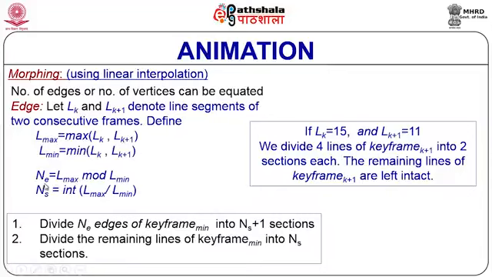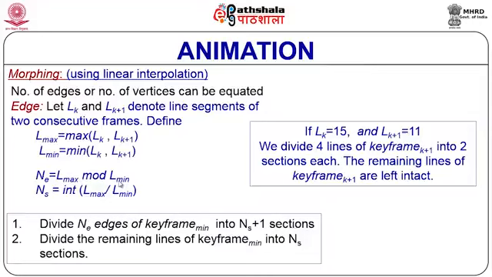So, let us define NE, the number of edges, as L max mod L min. So, we are performing a modulus operation here, L max mod L min, and that value is assigned to NE. What is NE? Number of edges.